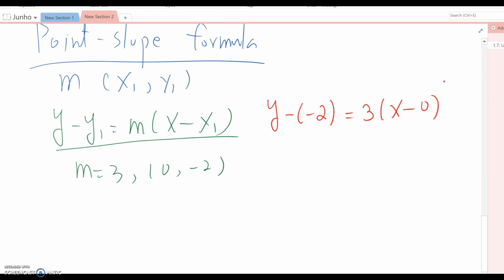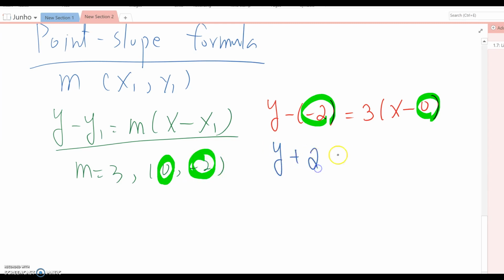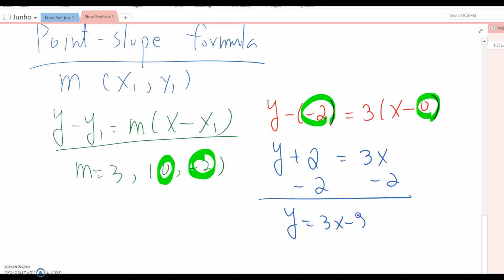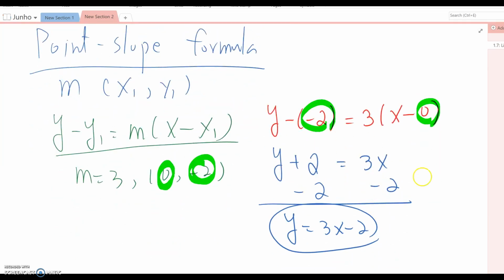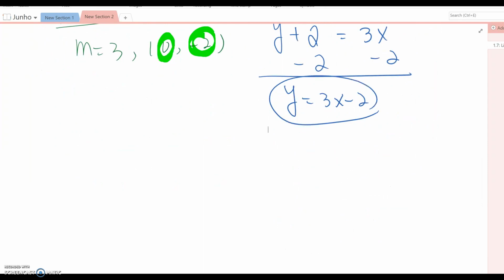Do you know why I plug negative 2 here and 0 here? Because this is the x value, x1, and this is the y value, y1. Then this becomes y plus 2 equal to 3x. Then subtract 2 from both sides, and it becomes y equal to 3x minus 2. As you see, we got exactly the same answer.